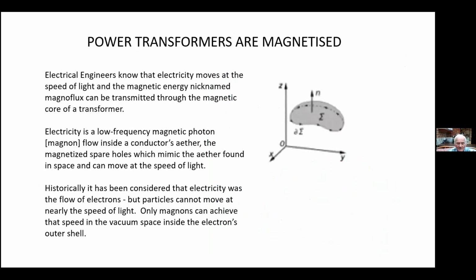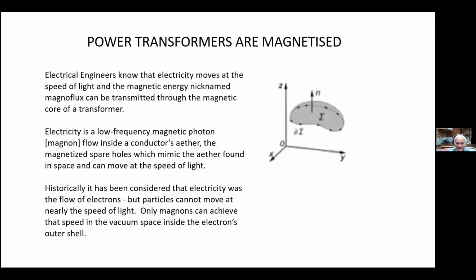So how does this affect power transformers? Electric engineers know that electricity moves at round about the speed of light, and that the magnetic energy, nicknamed magnoflux, can be transmitted through the magnetic core of a transformer. Electricity is a low-frequency magnetic photon, or magnon, flow inside a conductor's ether.